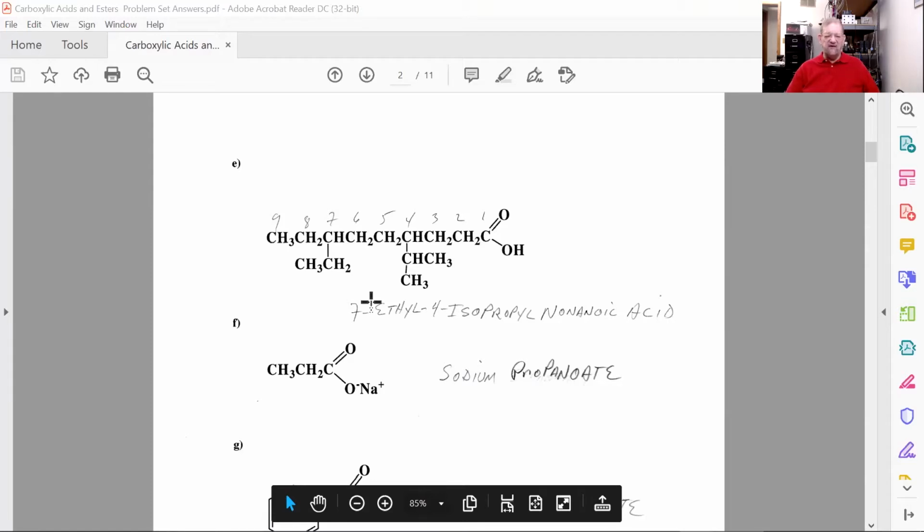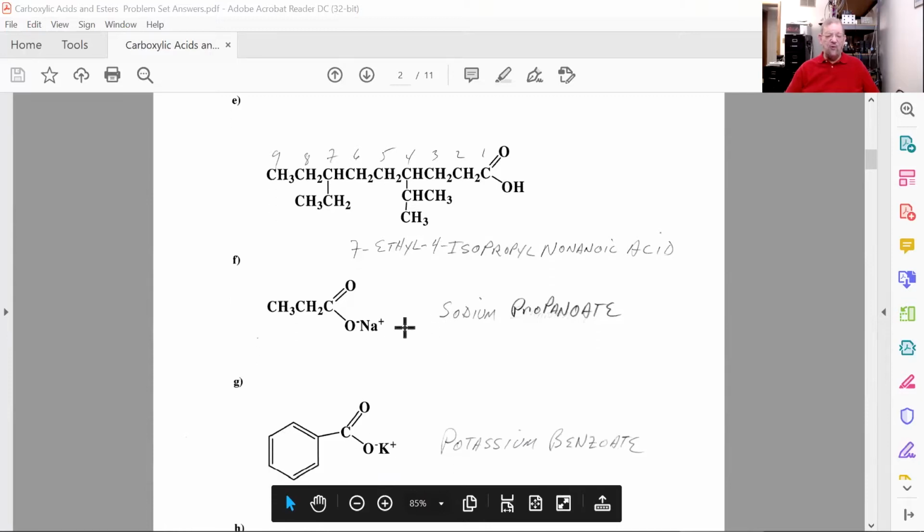So this would be 7-ethyl 4-isopropyl nonanoic acid. Now, if you put the 4-isopropyl first, 7-ethyl second, I would allow you to do that, even though the IUPAC police would tell me, you're under arrest. There's no IUPAC police, but it sounds good.